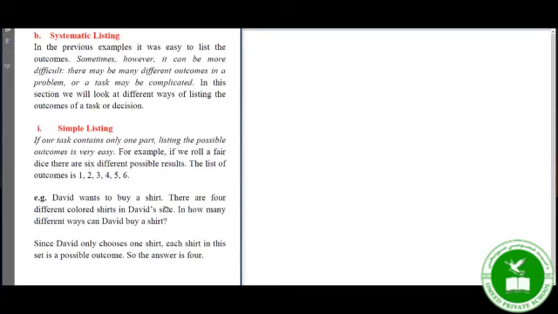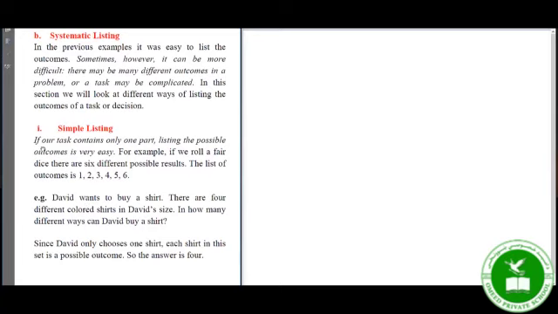For example, David wants to buy a shirt. There are 4 different color shirts in David's size. So how many different choices are there for David to buy these shirts? I think there are 4, because there are 4 different colored shirts that he can buy. So this is simple listing.